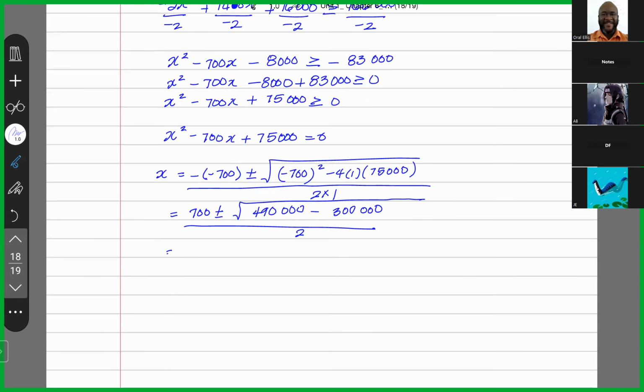This is 700 plus or minus the square root of 190,000 all over 2.